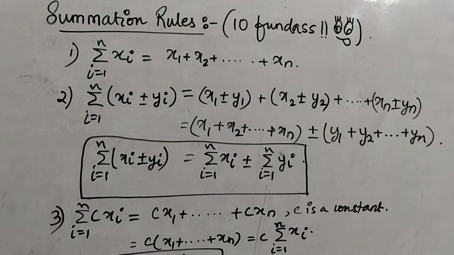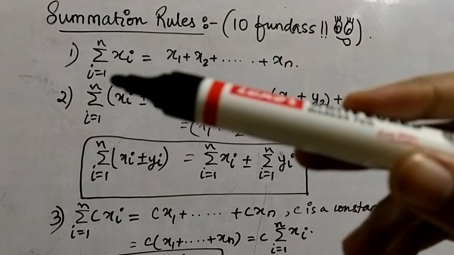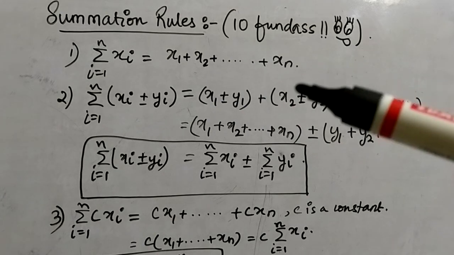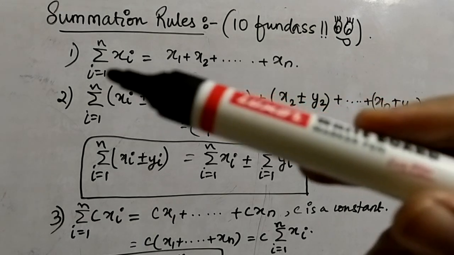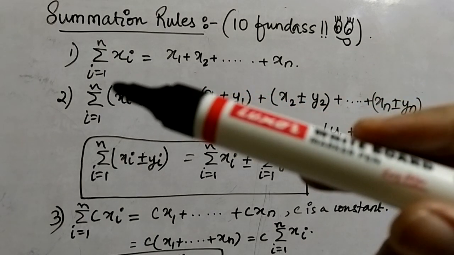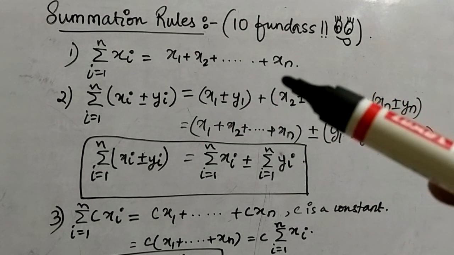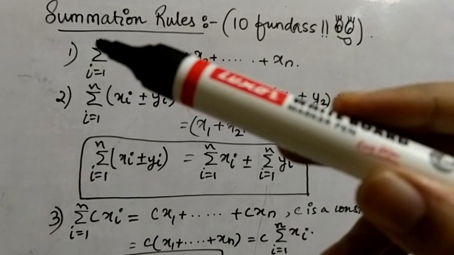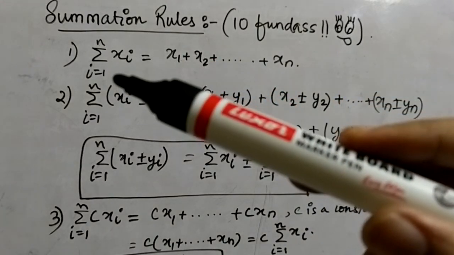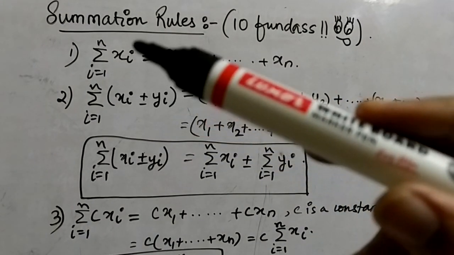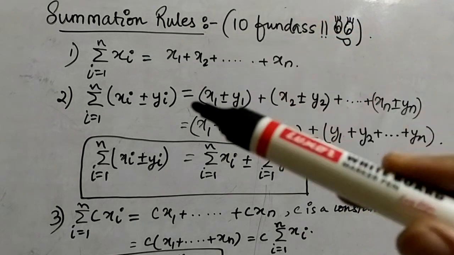It denotes the sum of the values. As you can see, i is running from 1 to n. That's why it's written i equals 1 to n. The last value of the variable is n, so we have stated it in the upper part, and the first one is 1.